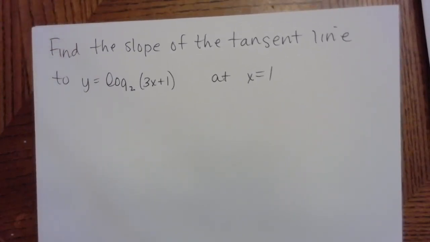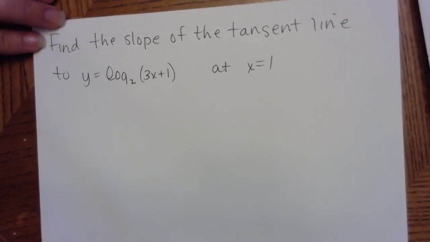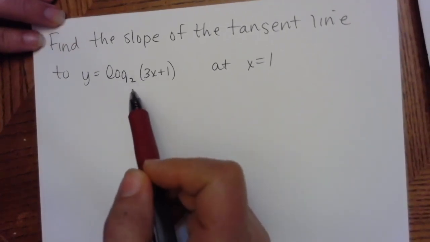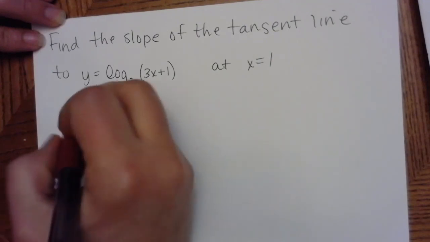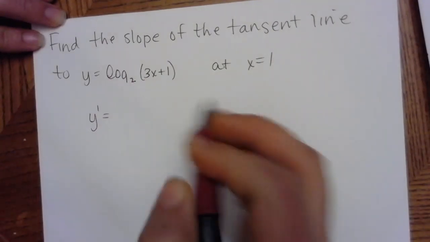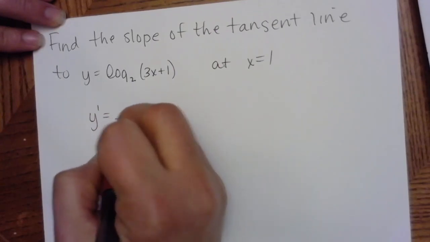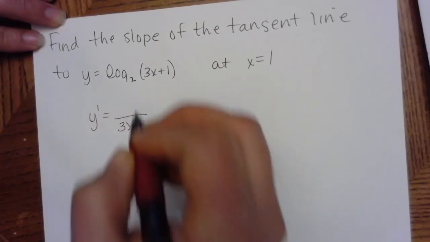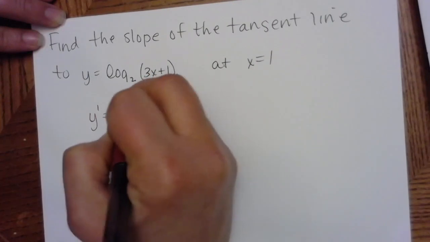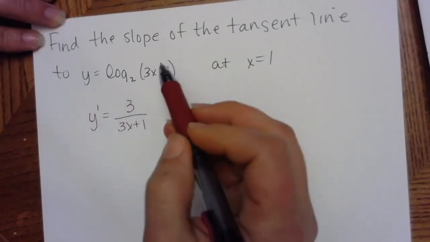Let's find the slope of the tangent line at x equals 1. Okay, so this time we have a log of base 2, so we're going to need an extra factor. So y prime equals, now the original is just the same, so I'm going to have 3x plus 1 down here, and then I'm also going to have the 3 on top from the derivative of this.